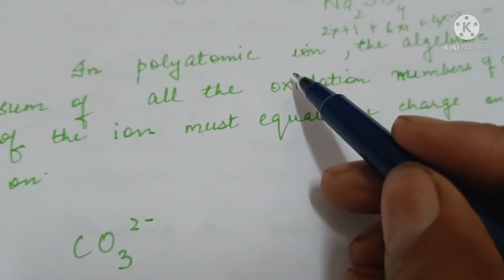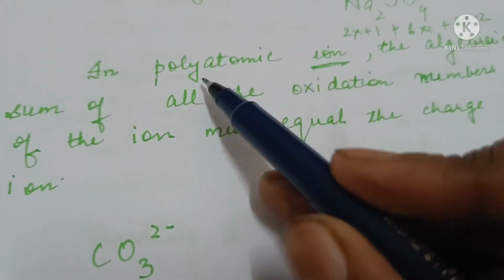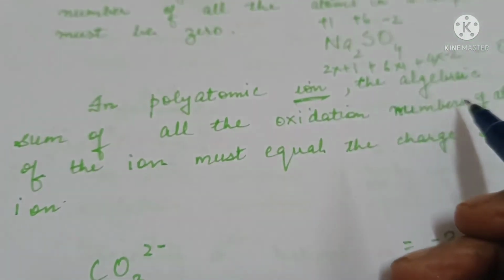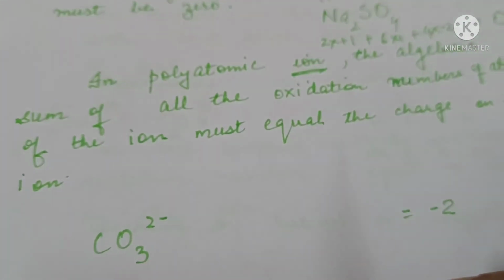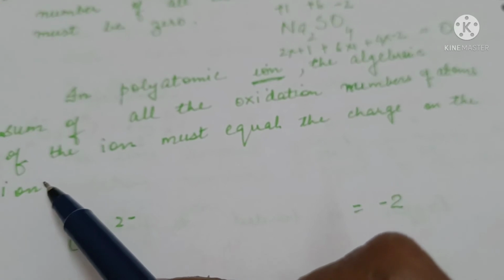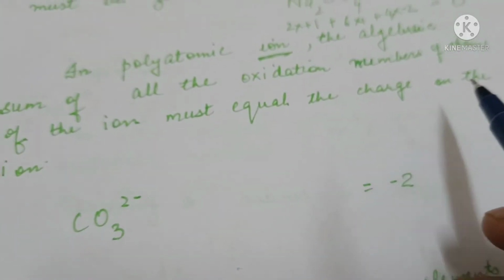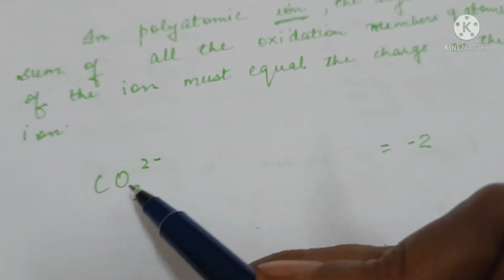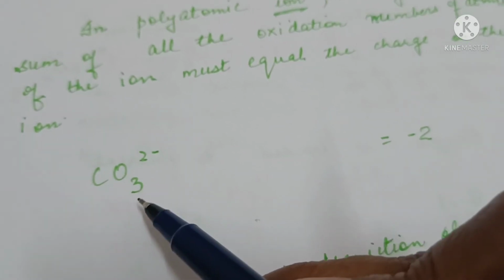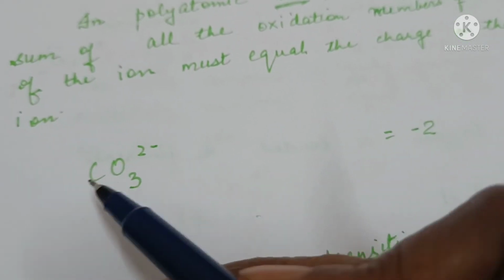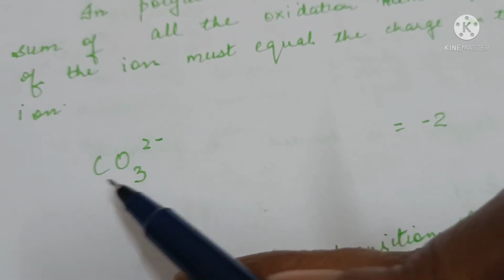If the compound is an ion, in a polyatomic ion, the algebraic sum of all oxidation numbers of the atoms of the ion must equal the charge on the ion. For example, carbonate is a polyatomic ion. It consists of 4 atoms, 1 of carbon, 3 of oxygen.